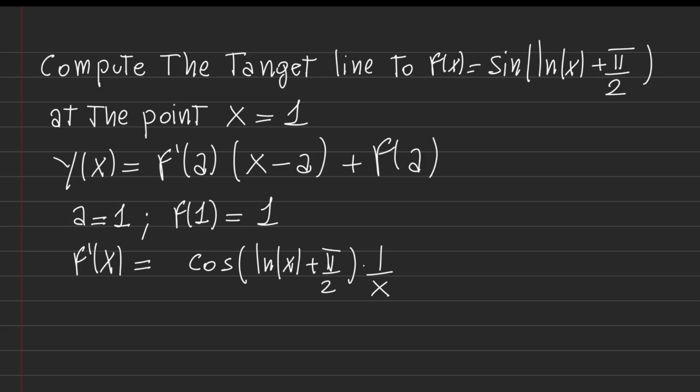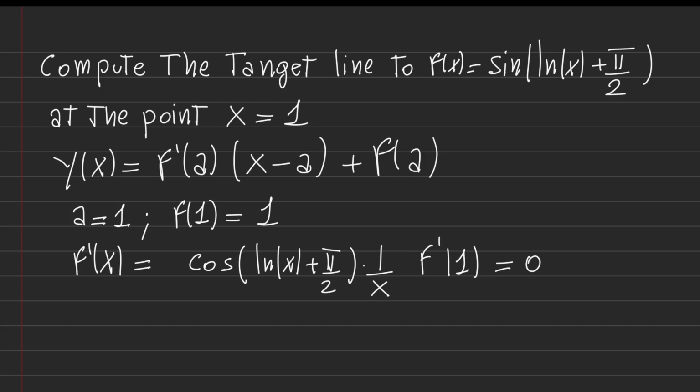Perfect. And then we have to evaluate this at the point x equal to 1. The log of 1 is still 0, and the cosine of pi over 2 is 0. So f prime of 1 is 0.